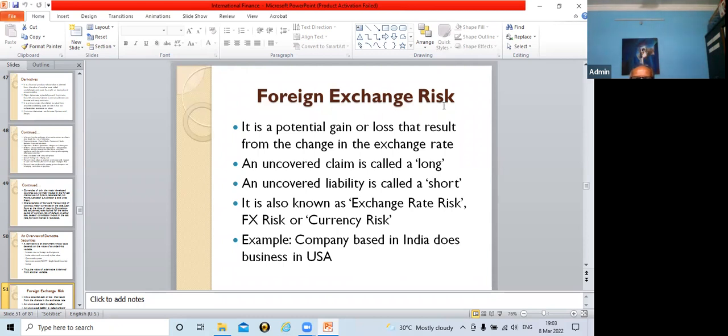This foreign exchange risk, as I told you, is also known as exchange rate risk or FX risk or currency risk.